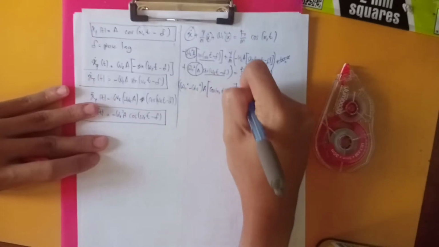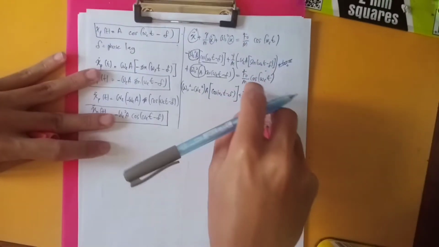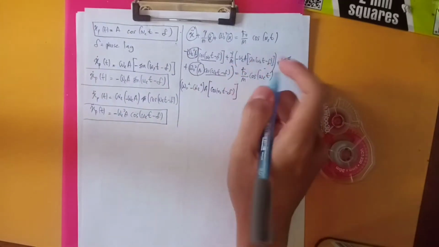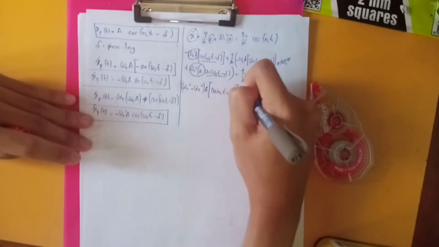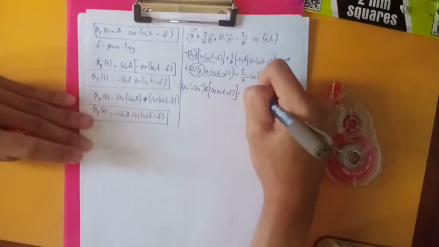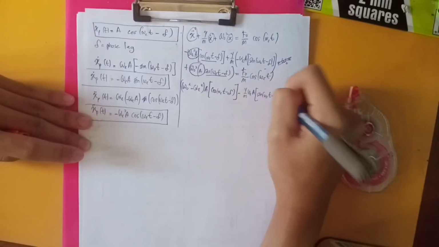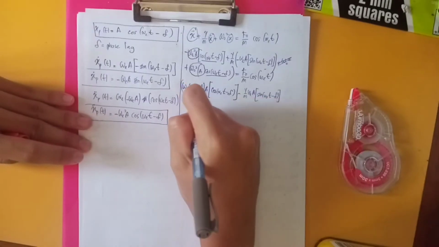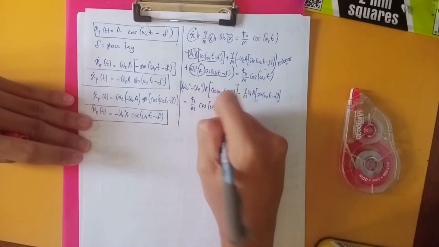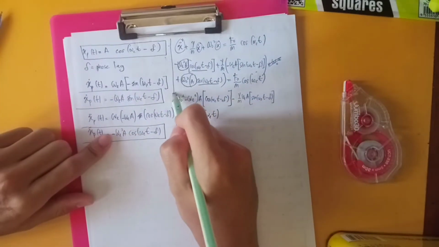And then plus γ over m times negative ω_e A, which is negative γ over m ω_e A, times sin(ω_e t − δ), which is equal to F_0 over m cos(ω_e t). So right now we're done with this side.